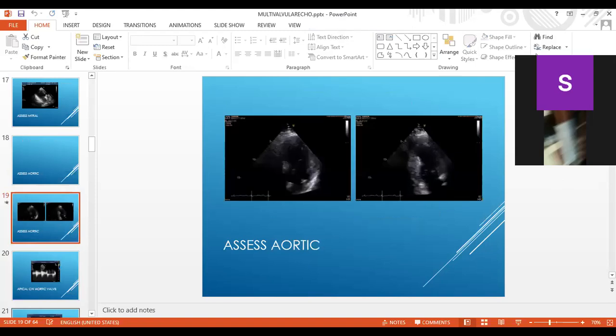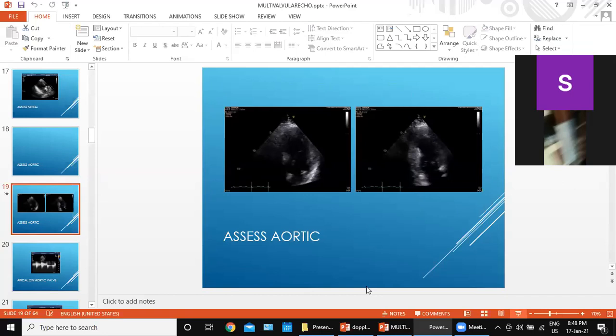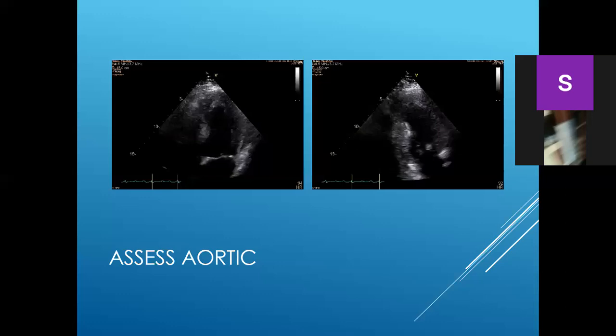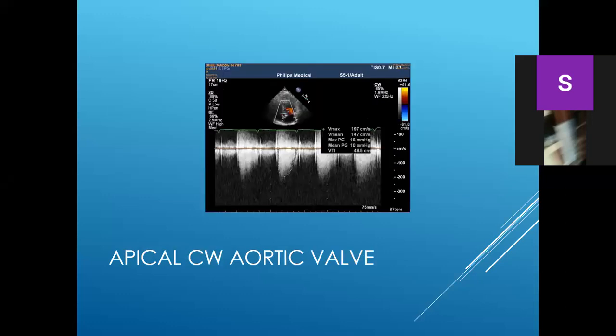Now this is a fairly normal LV, and in this normal LV, you are looking at gradients across the aortic valve. Apical continuous wave across the aortic valve did not show very significant mean gradients, because if you look at this, a mean PG across the aortic valve of 10 means non-significant, or mild aortic stenosis.